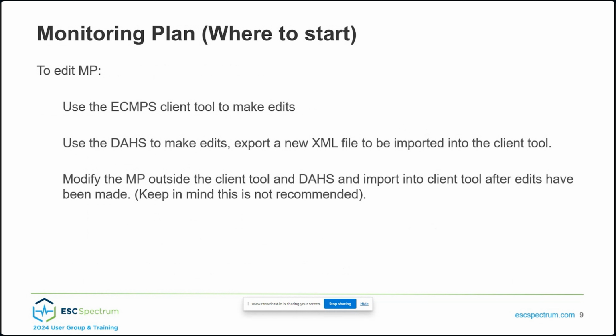When you're using something outside of those tools, you're essentially relying on yourself, and human error can be very prevalent, especially with what we're doing. So I highly recommend keeping away from that unless you feel that confident. I know I don't, and I'd rather use an ECMPS or DAS tool to help me make those changes and edits for updating the monitoring plan.